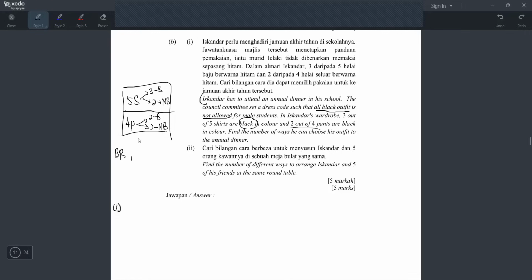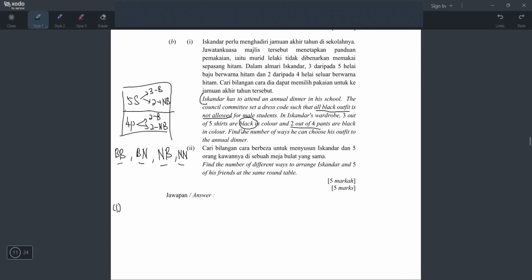Or the other possibility is black shirt, but not black pants, let's call it N. Or maybe the shirt is not black, but the pants are black. This second one is shirt black, pants not black. But this one is shirt not black, pants black. And of course, the final possibility is shirt not black, pants also not black. So these are all the possibilities, right? But do you have to write them all? No need, you don't have to write them all.